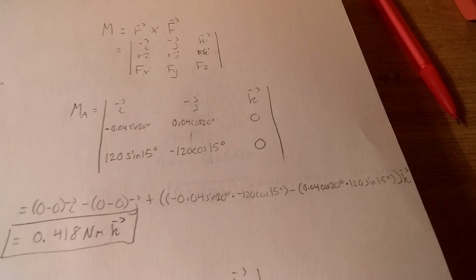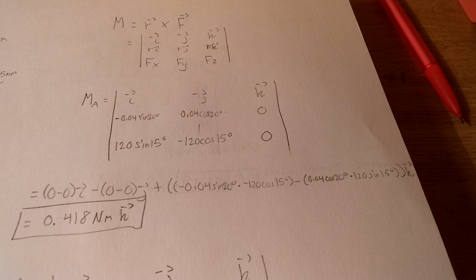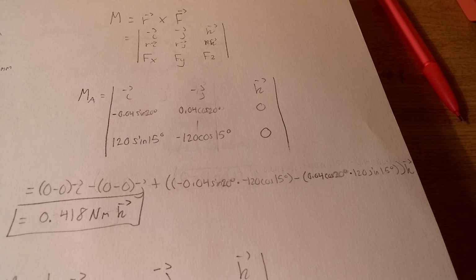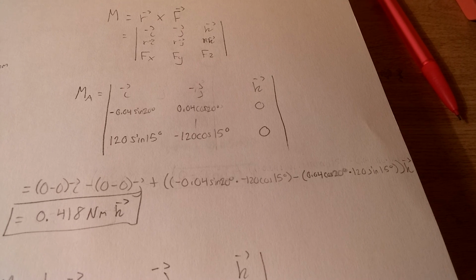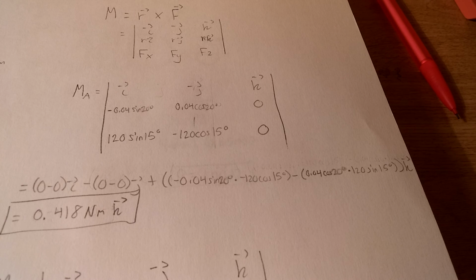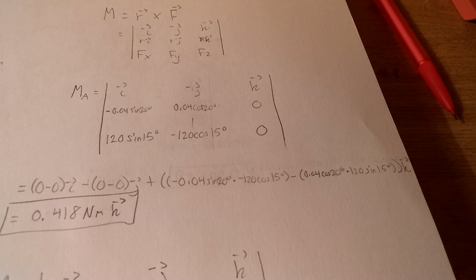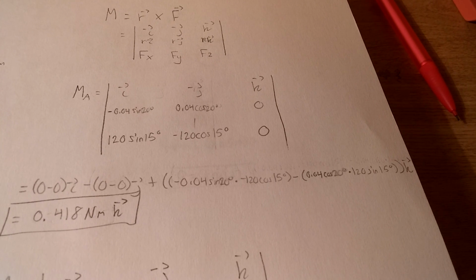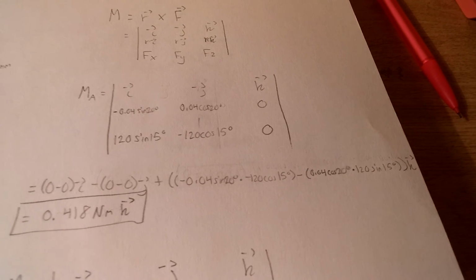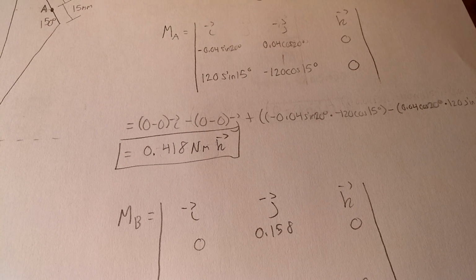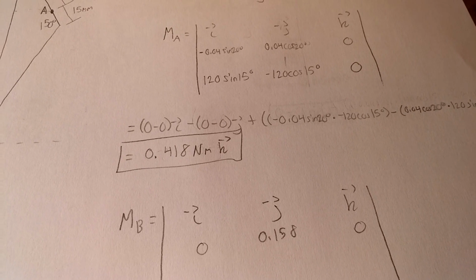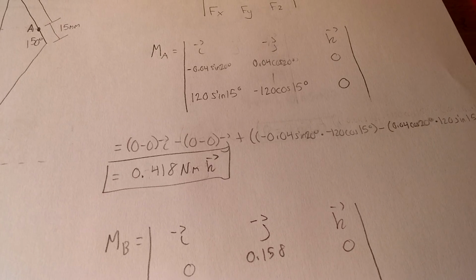We multiply negative 0.04 sine of 20 by negative 120 cosine of 15, get that product, and then subtract from that 0.04 cosine of 20 times 120 sine of 15. That'll be our k moment. It gives us a moment of 0.418 newton meters in the k direction. So that's our moment about A.